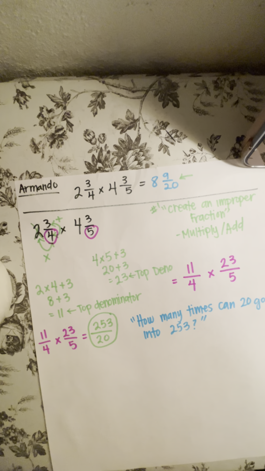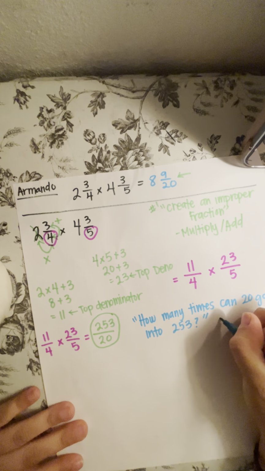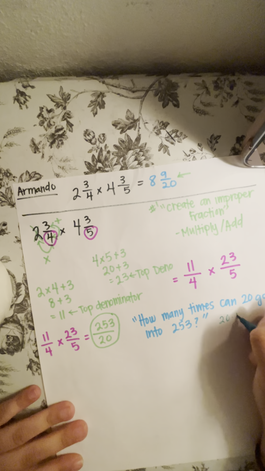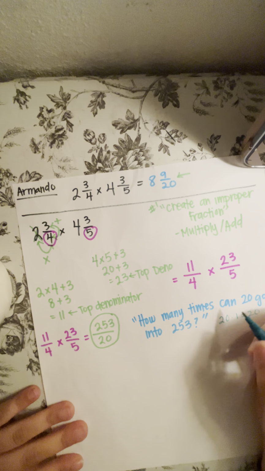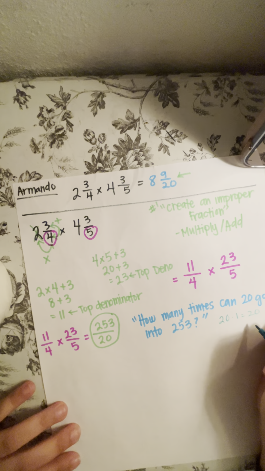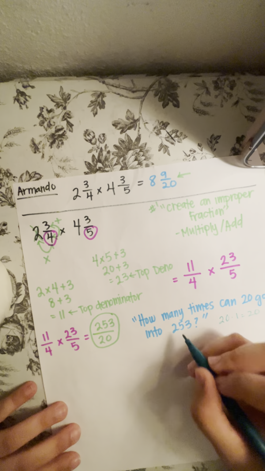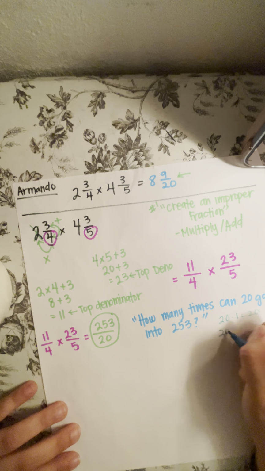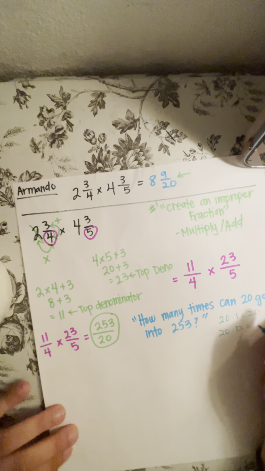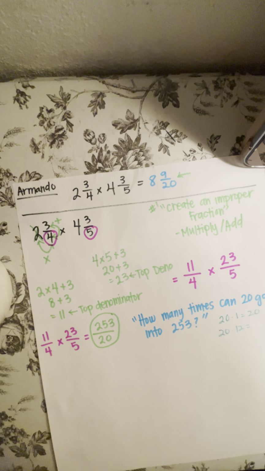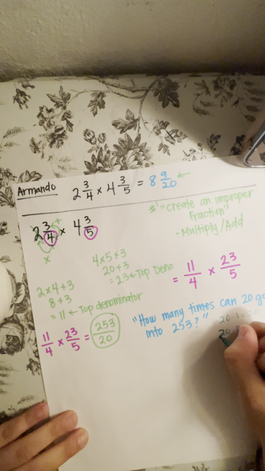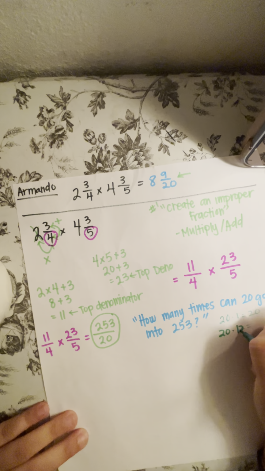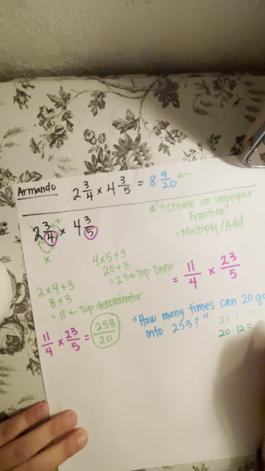Okay, so you did a really good job by telling me how you multiplied it across, such as 20 times 1 equals 20, and you went all the way. Good job. So the closest number that 20 could go into 253, you said 20 times 12. Oh, let me grab a new marker. So you said 20 times 12 because 20 times 12 is 240. Good job.